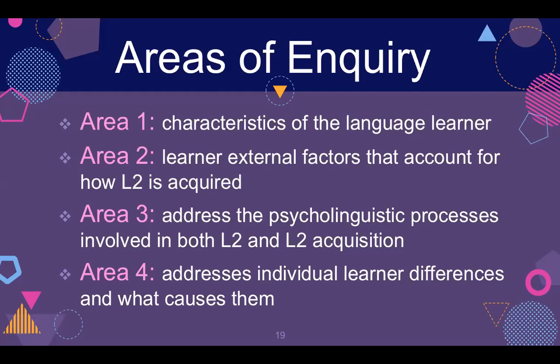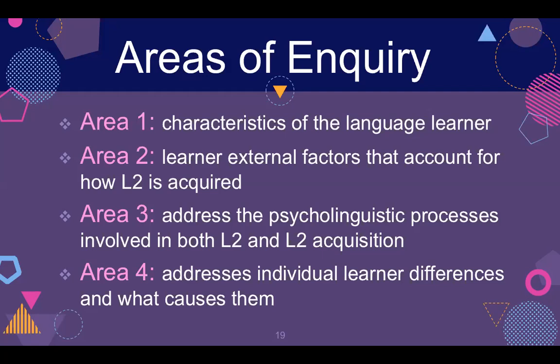a huge textbook. So area 1 talks about characteristics of the language learner. Those are things that we need to consider when we talk about second language acquisition, because they can determine the language learner's interest, motivation, ability, and those are really important characteristics for us to understand and be able to contend with as teachers. Area 2 is learner external factors that account for how L2 is acquired. So the first one was internal, the second is external.